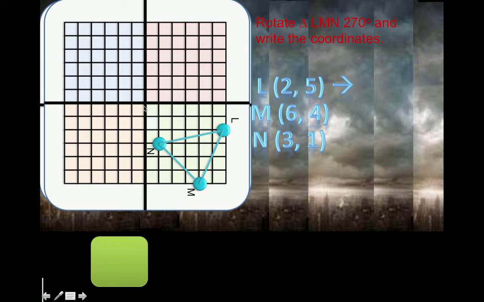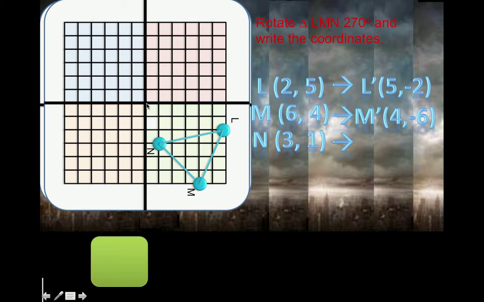So L goes to a 6, negative 2. M is going to go to a 4, negative 6.